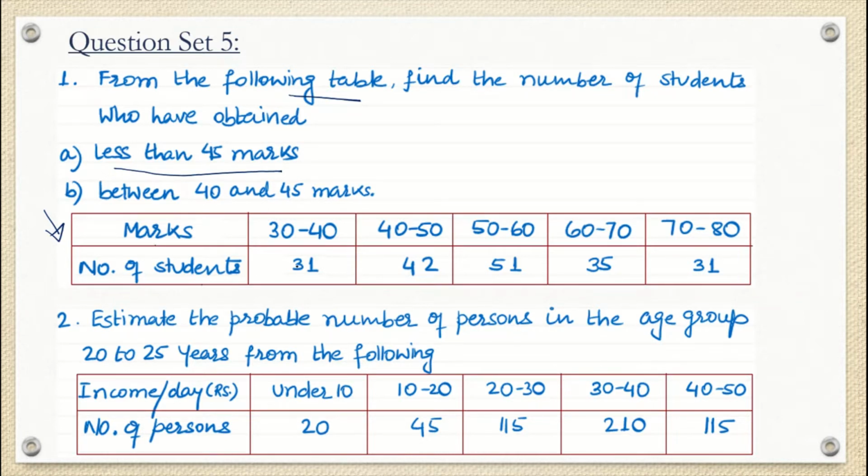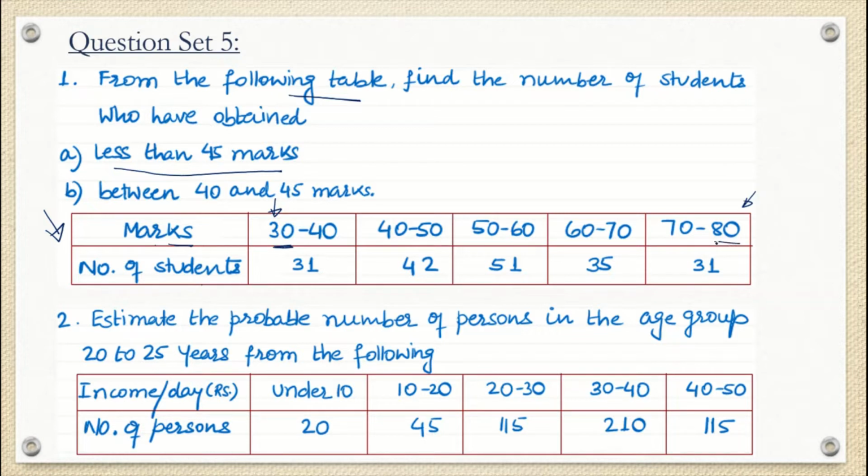If we analyze the table a little, the first row contains the marks, and the range of marks is between 30 and 80. That means the minimum mark in the table is 30 and the maximum is 80.